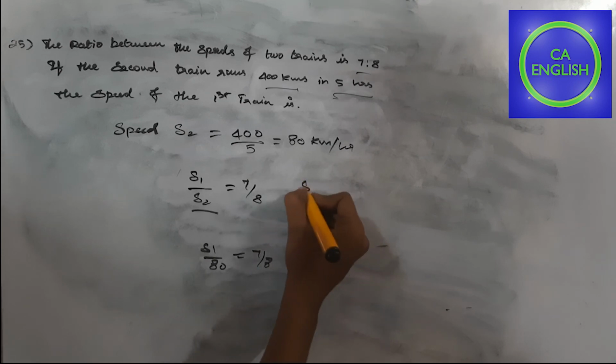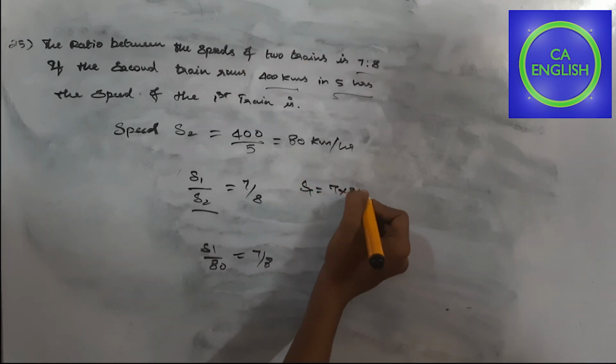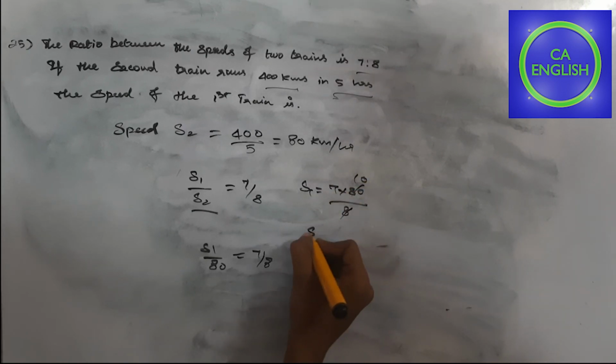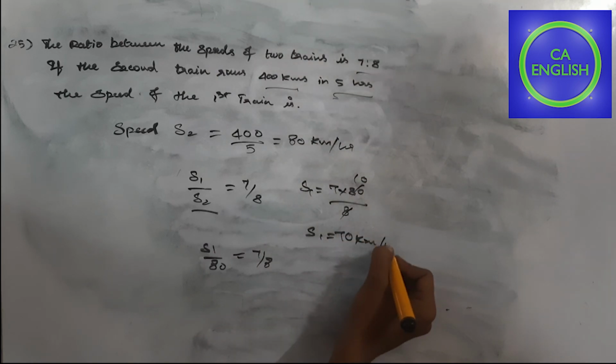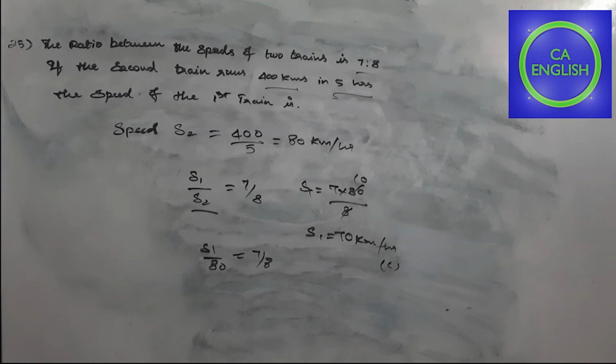Then we can easily find S1. 7 into 80 divided by 8. Cancel 10 and the answer is 70 kilometer per hour. Option C.